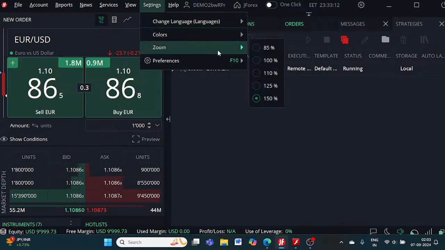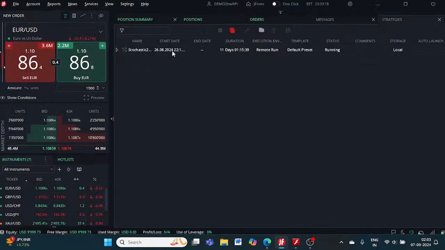I need to zoom out a bit. There is already one algorithm which we created in the last week of August running. Now I'm going to add another one.